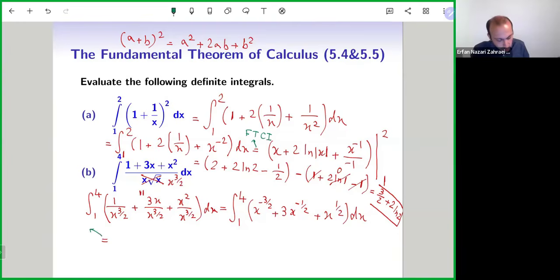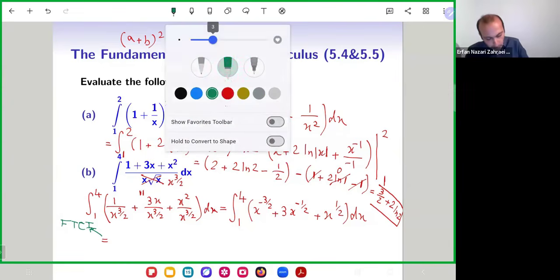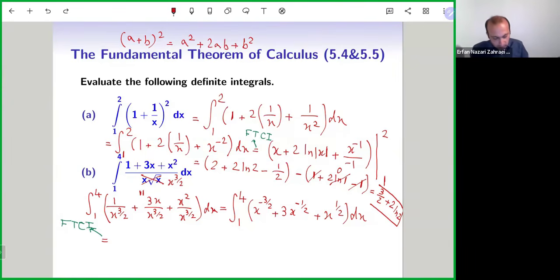At this step also I'm using it. So the antiderivative of this: increase the exponent by 1, adding 1 to negative 1 and a half, it becomes negative half. Then divide by the new exponent.